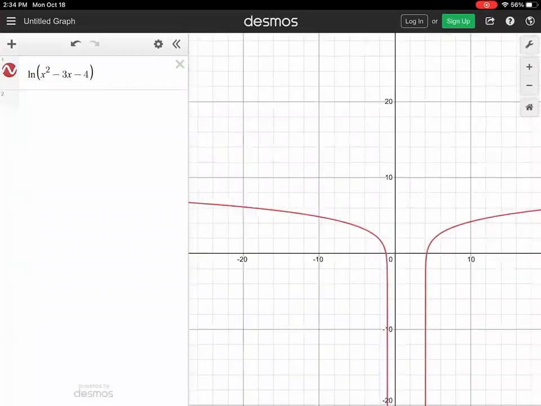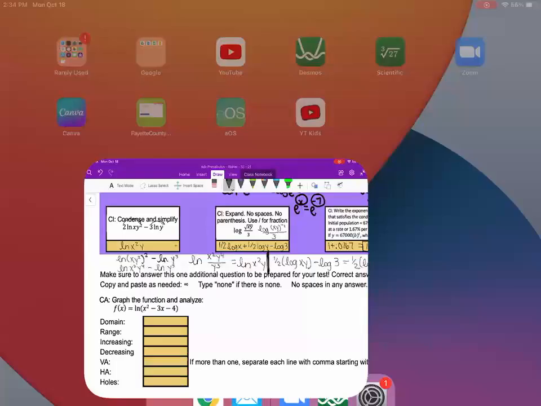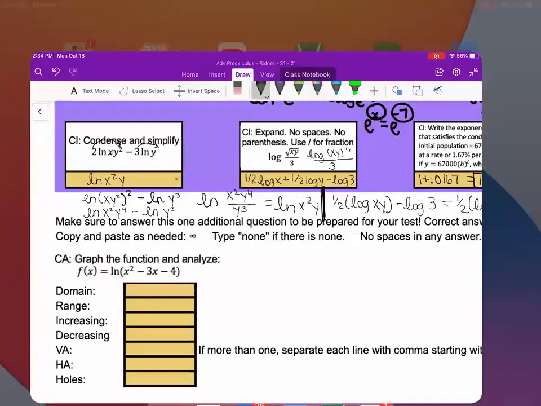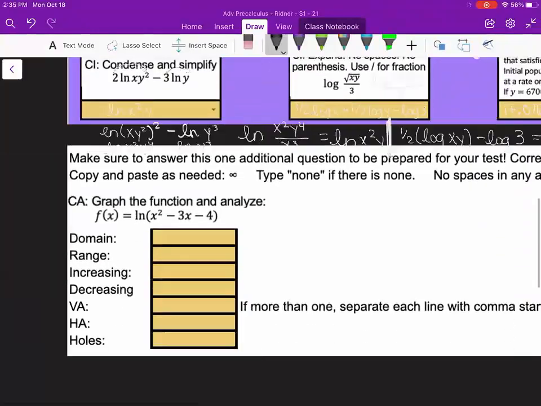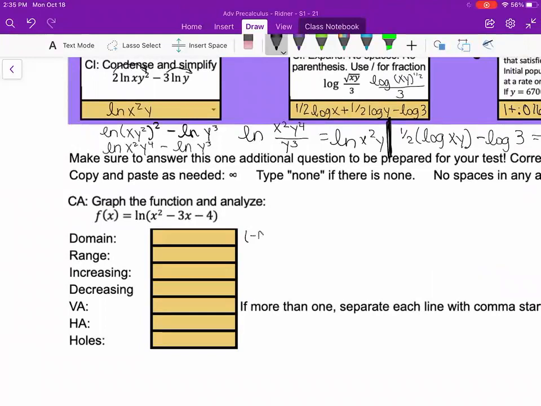All right, so my domain is approaching negative 1 and approaching 4. So the domain is negative infinity. Oh no, where did it go? There it is. Sorry, that got you a little dizzy. Negative infinity to negative 1, and then 4 to infinity.